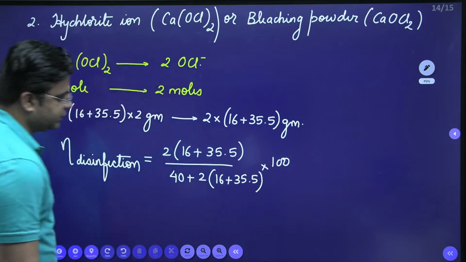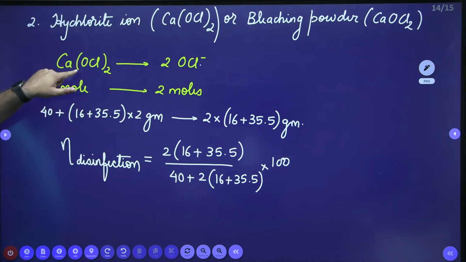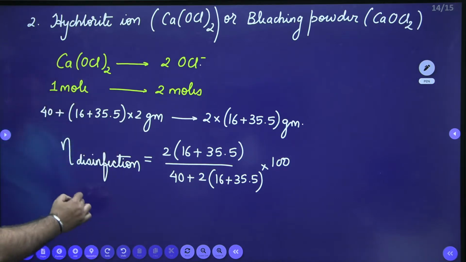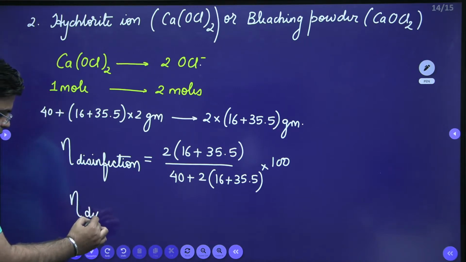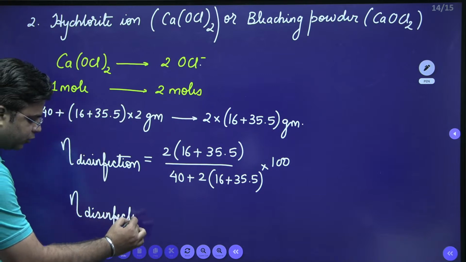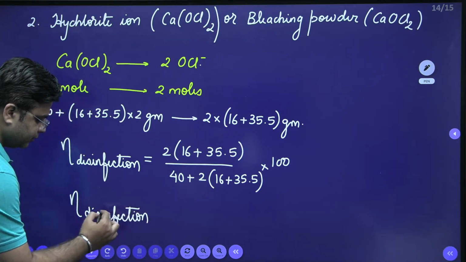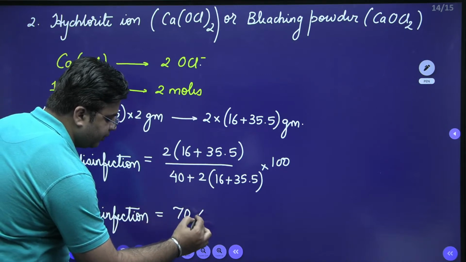When you calculate this, you will find that the disinfection efficiency for CaOCl2 will come out approximately to be 70%, right?